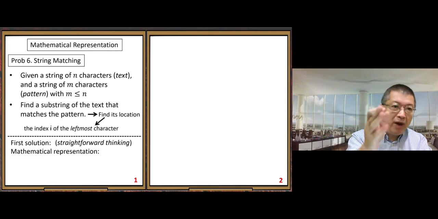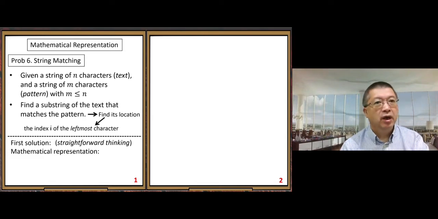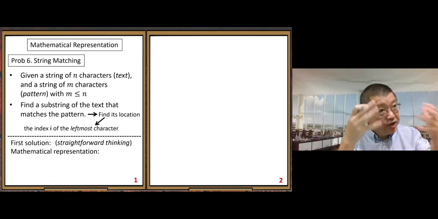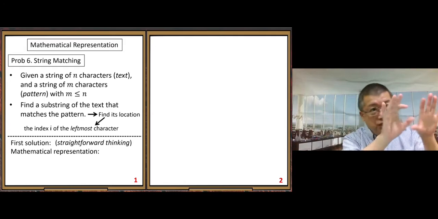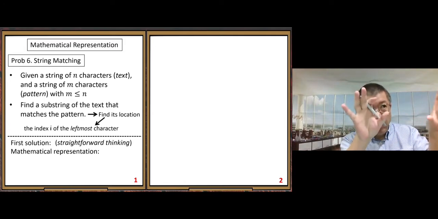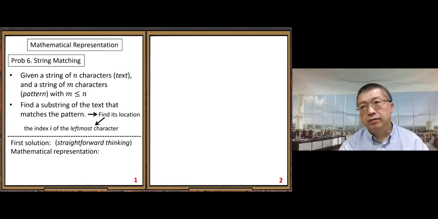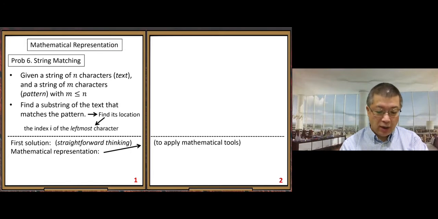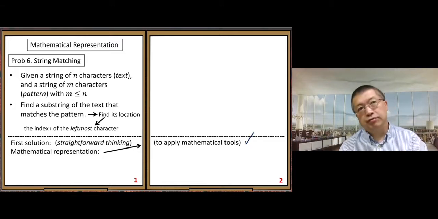First, mathematical representation. We need to represent the problem using some formal, nice way. Here, we use symbols to represent this problem. The importance of mathematical representation is that we can apply mathematical tools.